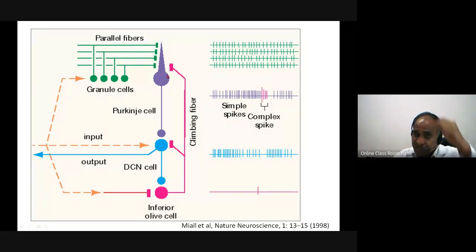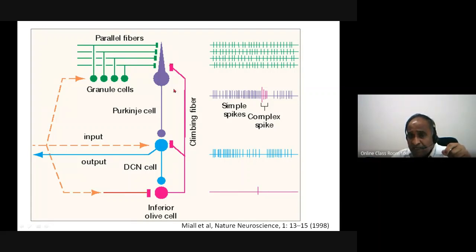When they placed the microelectrode in the Purkinje cell and recorded, there is spontaneous activity, simple spikes coming at maybe around 60 to 100 hertz, and this simple activity is summated here.